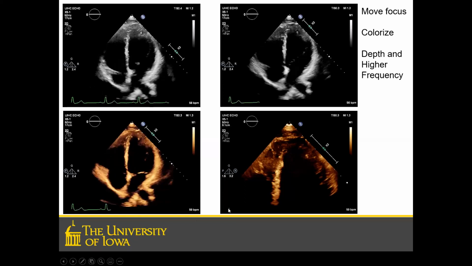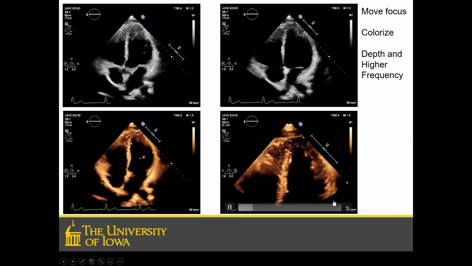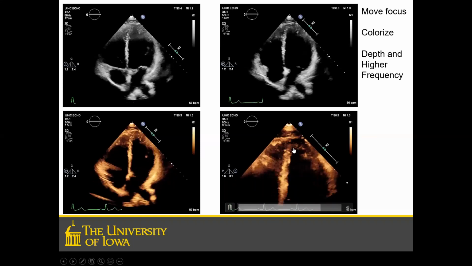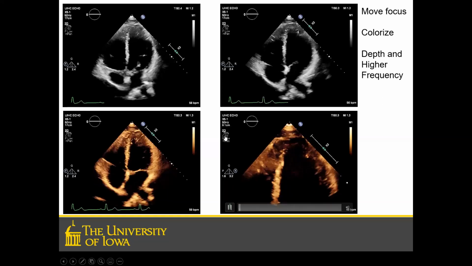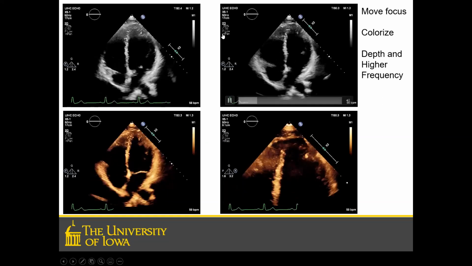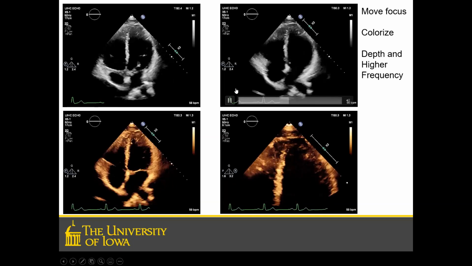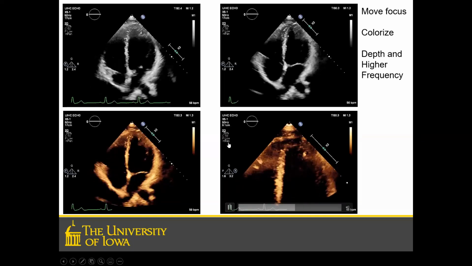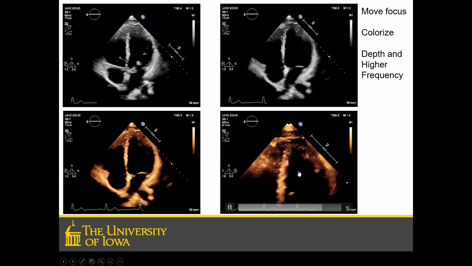And then lastly, if you notice, I even decreased the depth more here, and we're on the apex, and the focal zone is here, but I also changed the frequency. I went from penetration, which is a low frequency mode, to resolution, which is the high frequency mode, because I'm only looking at this much information.